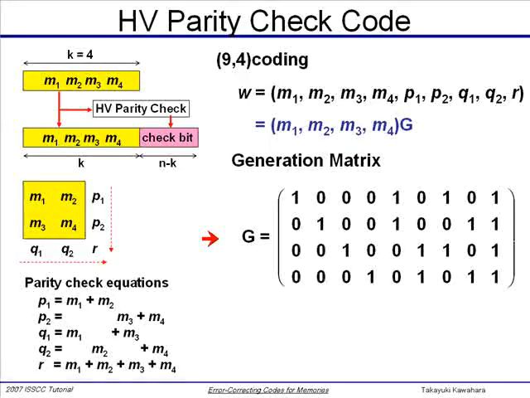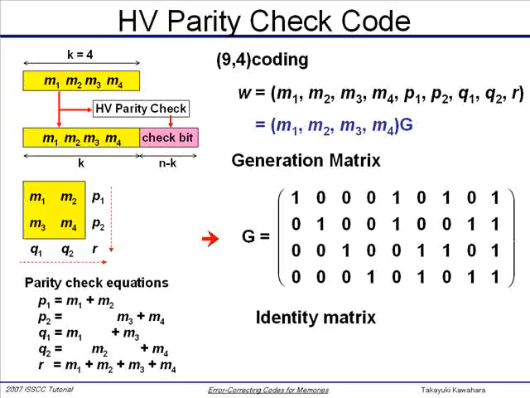Q2 is M2, M4. And the final is all the M1 to M4. That's the generator matrix. The first part, as you can see, is the identity matrix, of course, which we use as it is.